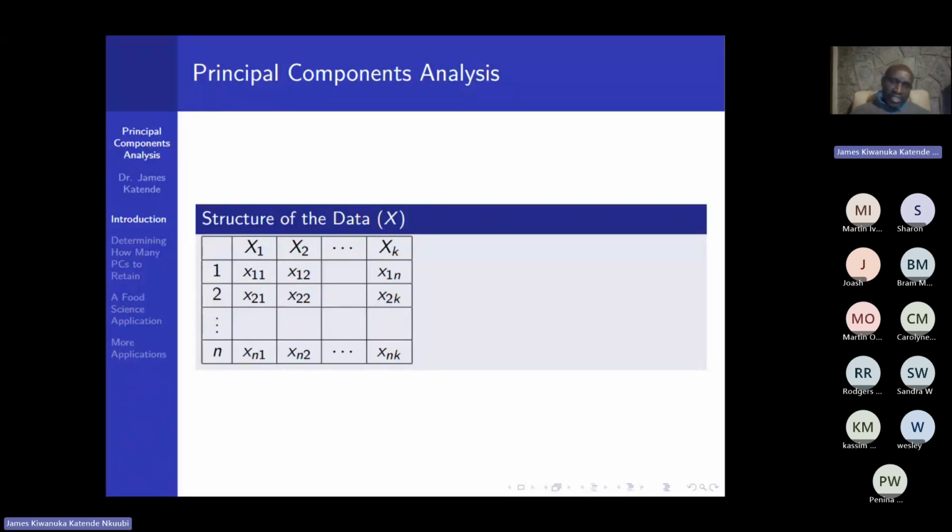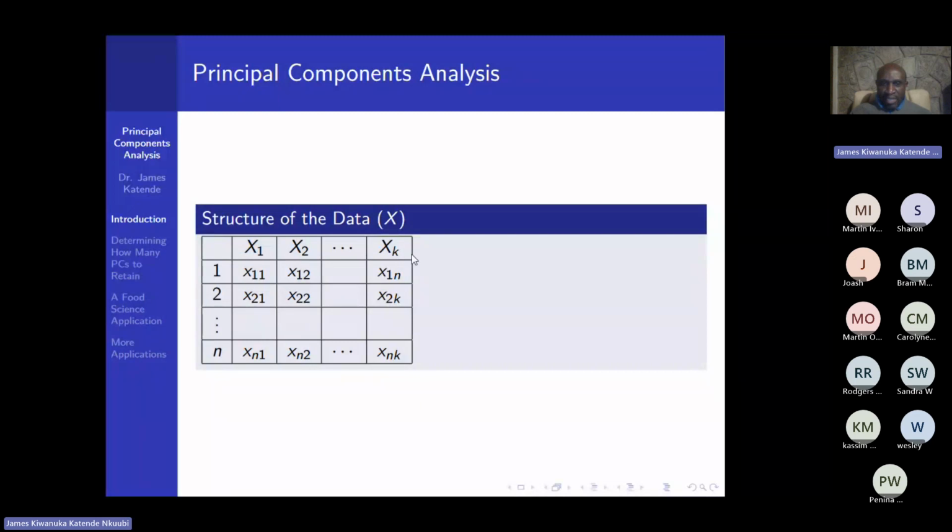So essentially, your data set will look something like this. You have the variables, which we shall call x1, x2 up to xk, and then we have n observations or n cases. What you are after now, the assumption is that these variables are too many, and you don't want to work with all of them, and therefore you must find a way of determining what to throw away and what to keep.